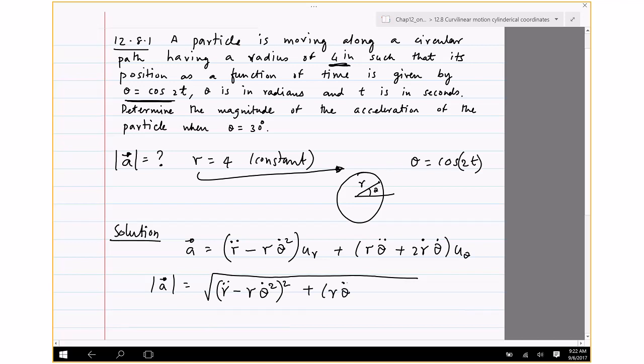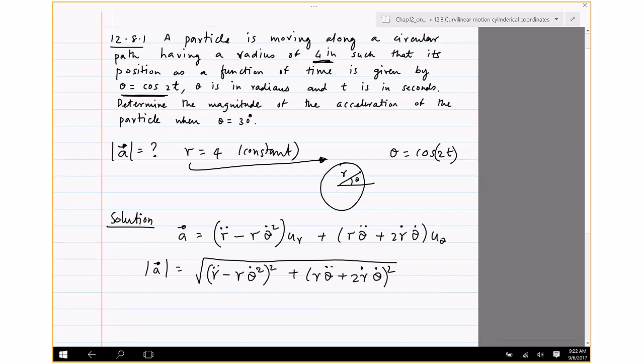So all I need to do is now find what r dot, r double dot, theta, theta double dot, and theta dot is, and I can solve for acceleration.